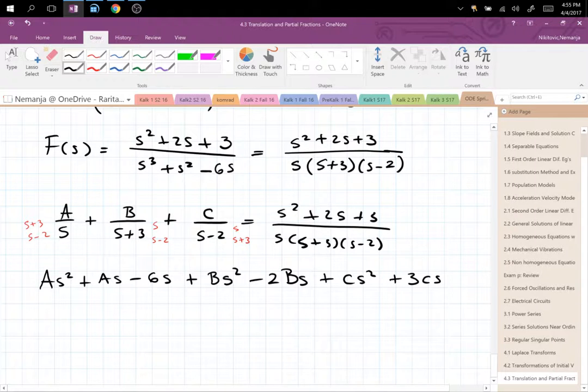So now I have A plus B plus C is equal to 1.